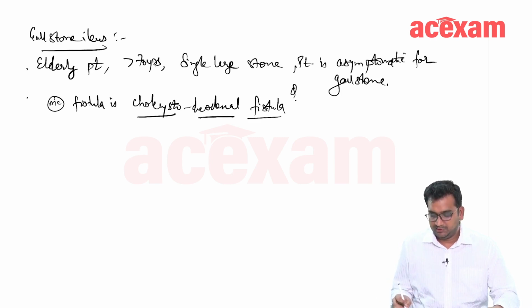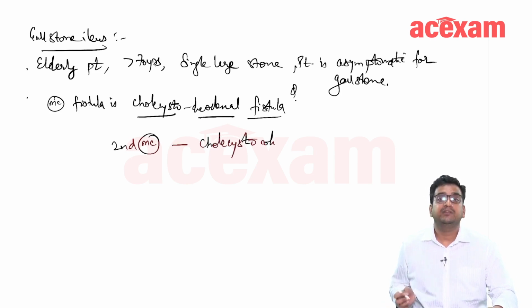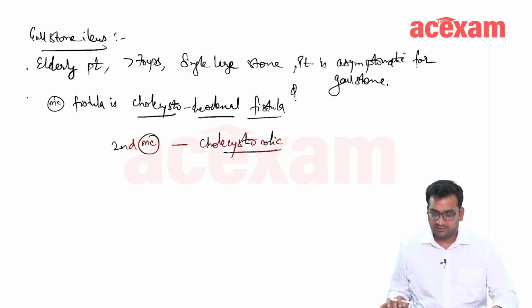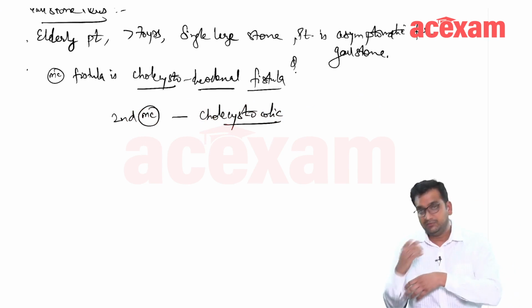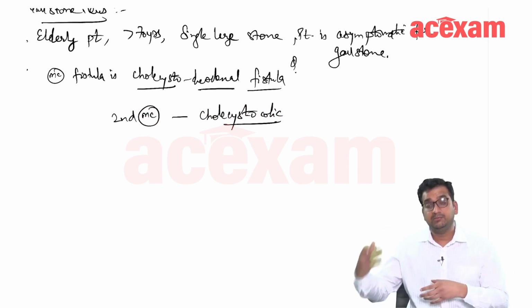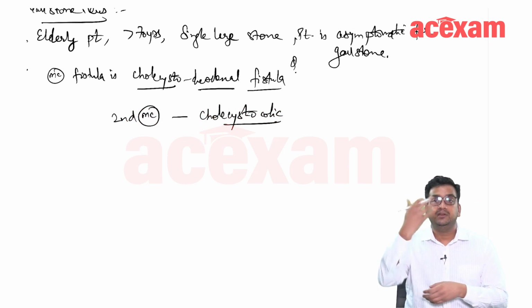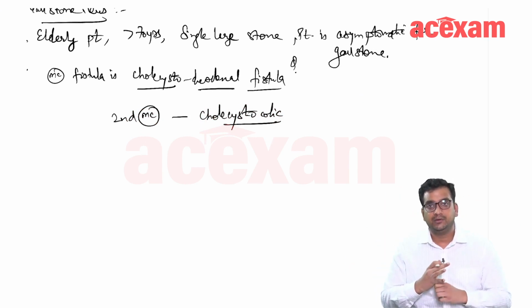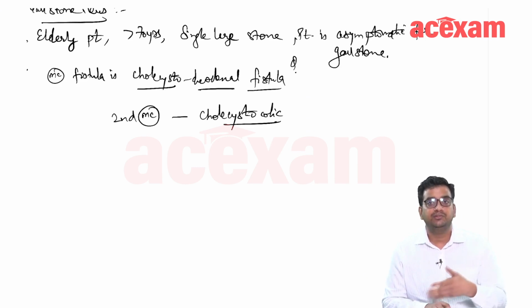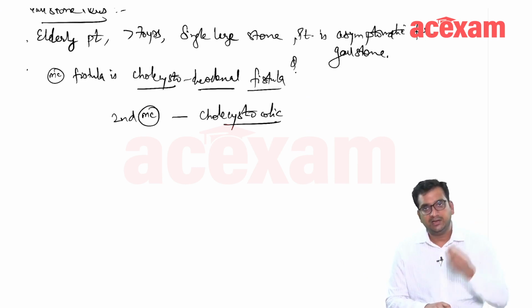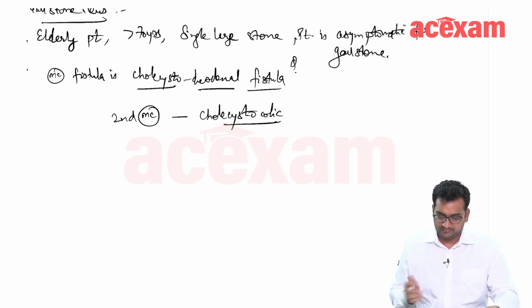Then the second most common is cholecystocolic, between the gallbladder and the colon. Now there is development of a fistula. The gallstone goes down through the fistula, and air from the intestine goes up into the gallbladder and the bile duct. So this is the cause for pneumobilia, because of the cholecystoduodenal fistula or the cholecystocolic fistula, and the gallstone migrates from there.